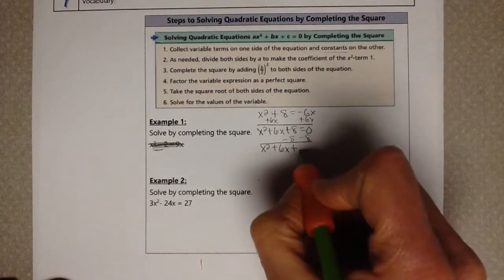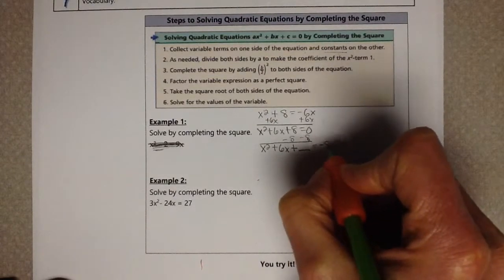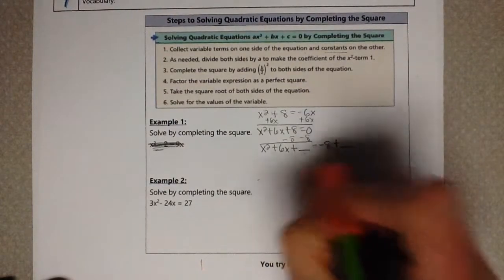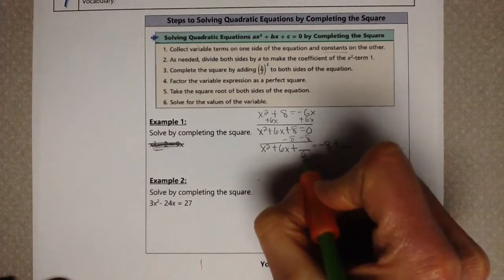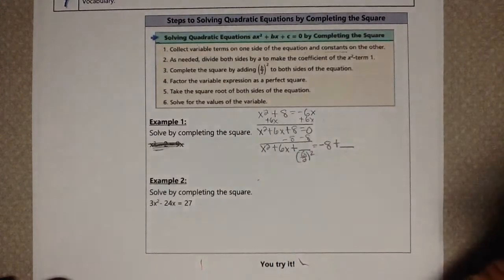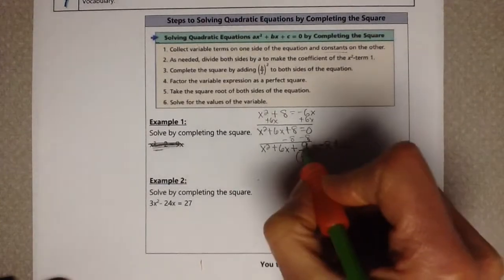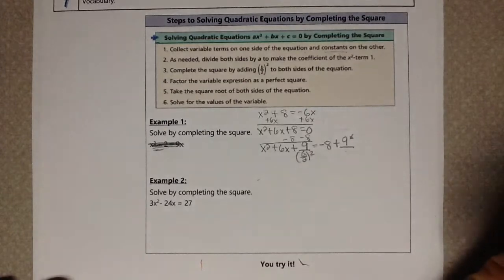So we're just going to put a plus blank, which means when we write this, it's negative 8 on the other side. We need to put a plus blank because we're adding something to this side, so it has to also be added to this side. So now we're going to take 6 divided by 2 and square it. That's going to give us 3 squared, which is 9. I added 9 to this side. This is what people forget a lot, to add it to both sides.